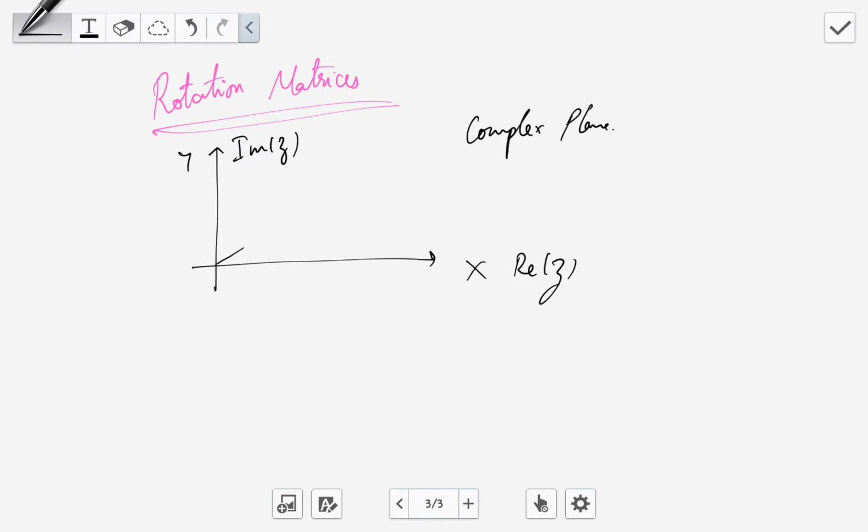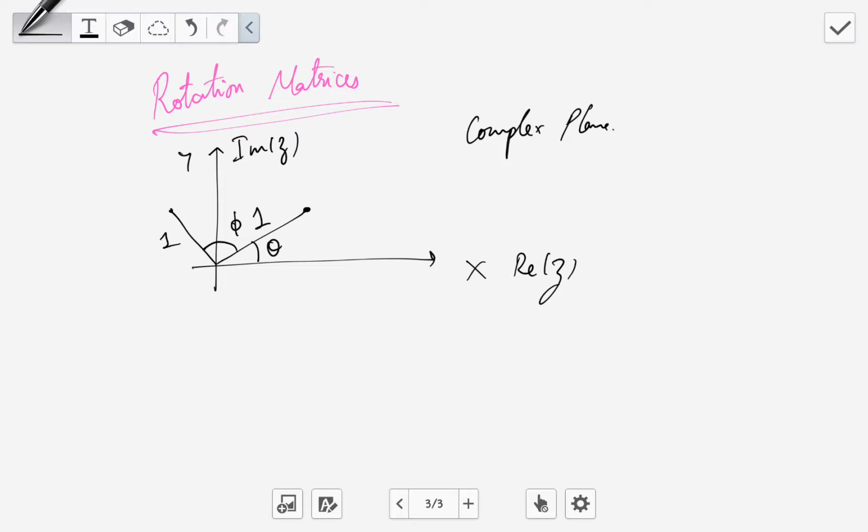Now if I take some x plus jy here, let us take just some unit 1, of unit length, at angle theta from this. Then let me say I want to rotate this by an angle phi.